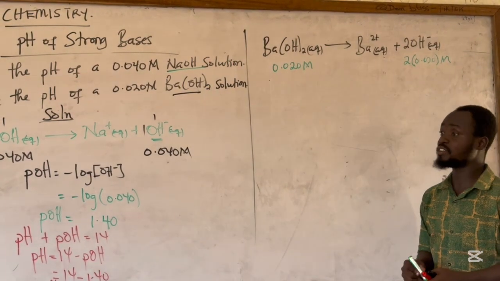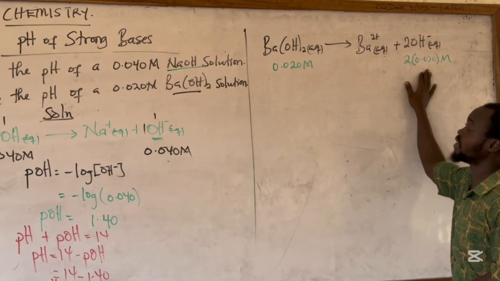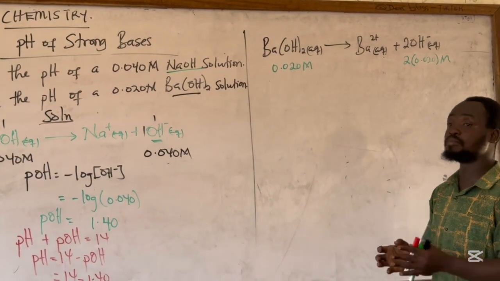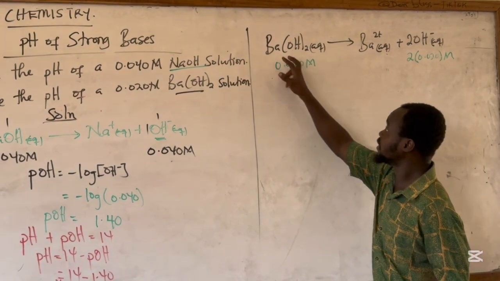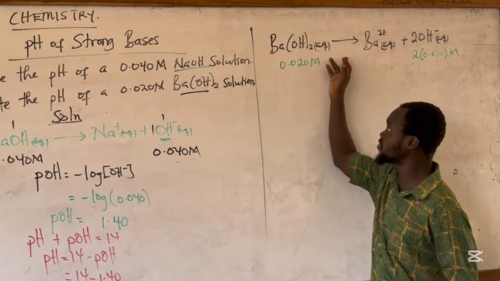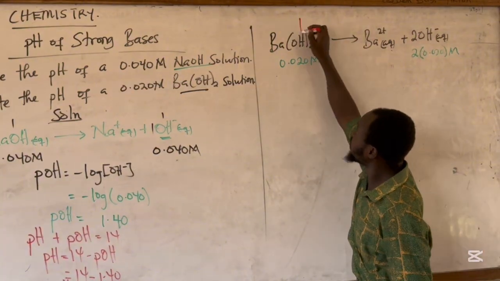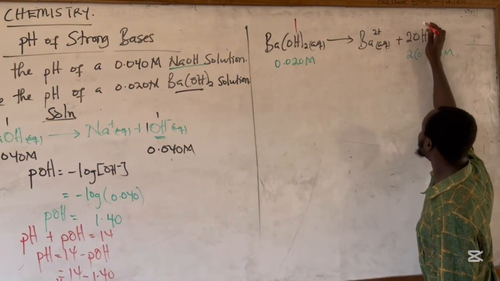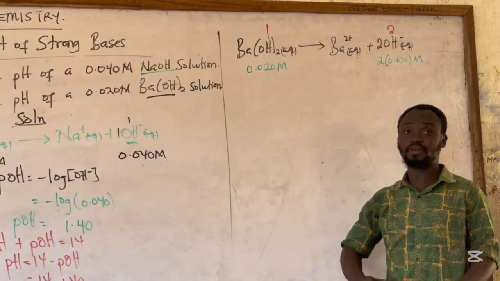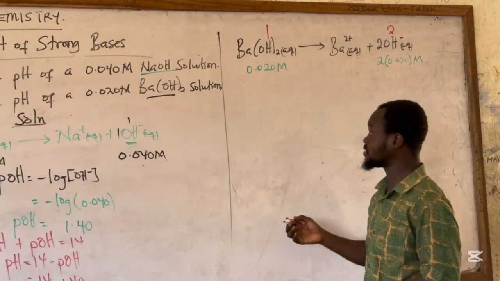And also, in case you're going to forget that, you can use the mole ratio between this and the OH minus ion here. The ratio in terms of their coefficients, here is 1, and then here is 2. So the ratio is 1 is to 2. Is that okay? Now let's do the calculation.